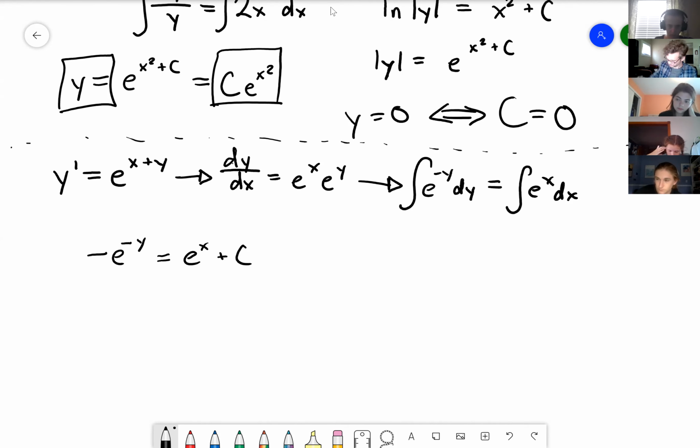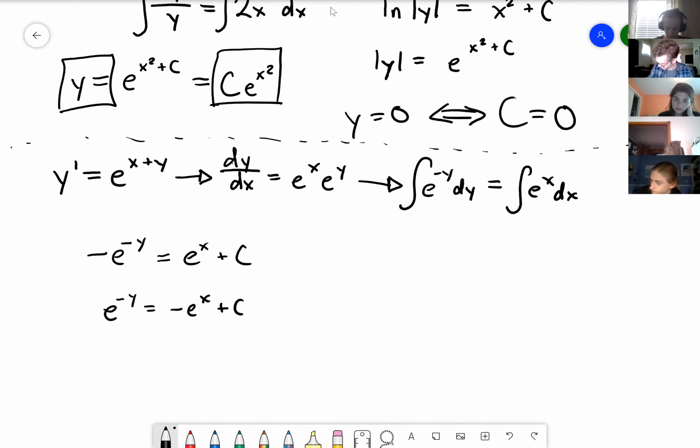So I think we're going to get here, let's just move that minus to the e to the minus x, replacing c with its negative, and then take the natural log of both sides.